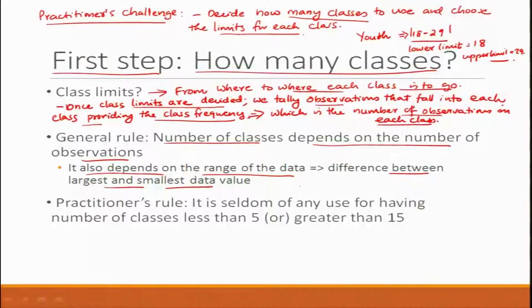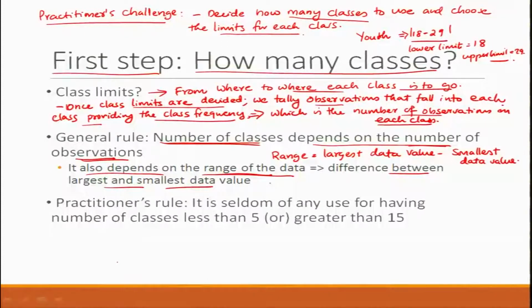So, range equals largest data value minus smallest data value. That is what the range is all about. So, the two things: the number of classes depends on the number of observations, how many data values, and the range of the data values.